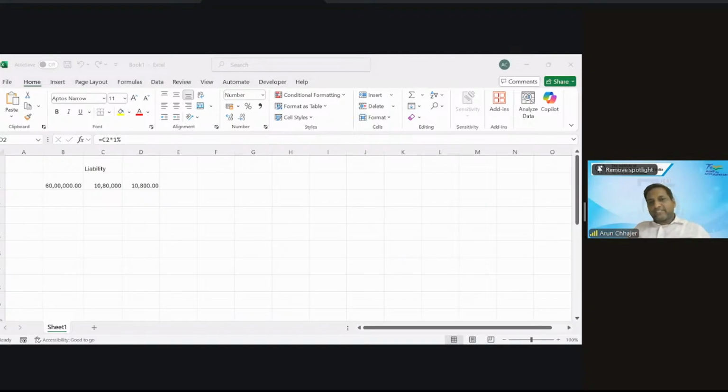There are some situations when this 1% Rule 86B restriction will not be applied. Tell me. There are 4 situations where this restriction will not apply.